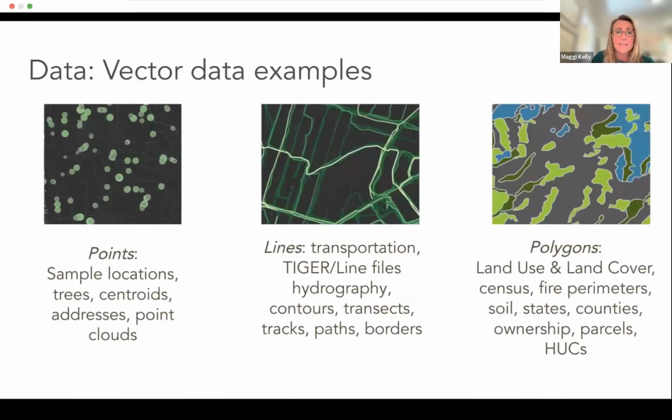So, vector data examples: points, sample locations, trees, centroids, addresses. Lines can be transportation, hydrography, contours. Polygons can be land use, census tracts, fire perimeters. These are not exhaustive lists.